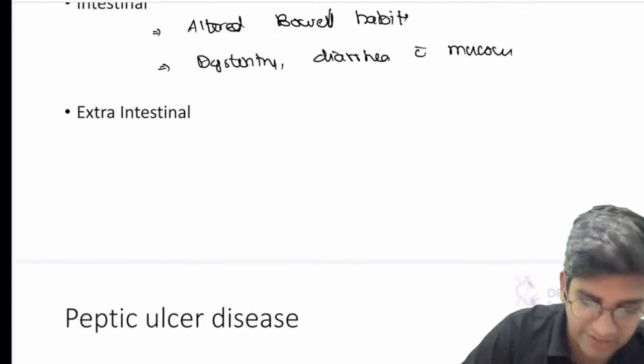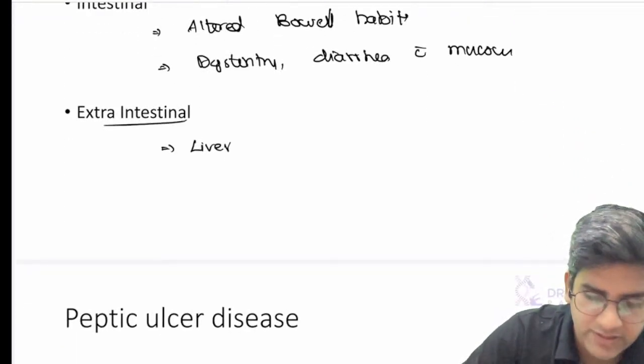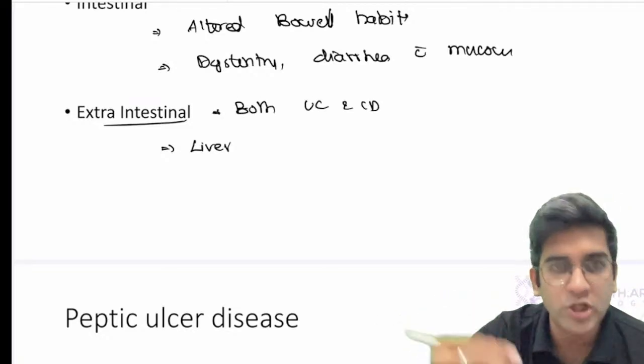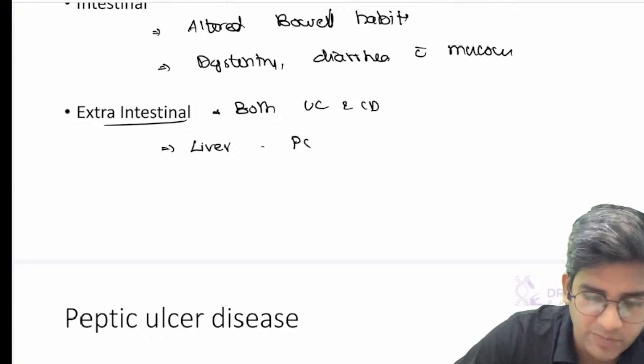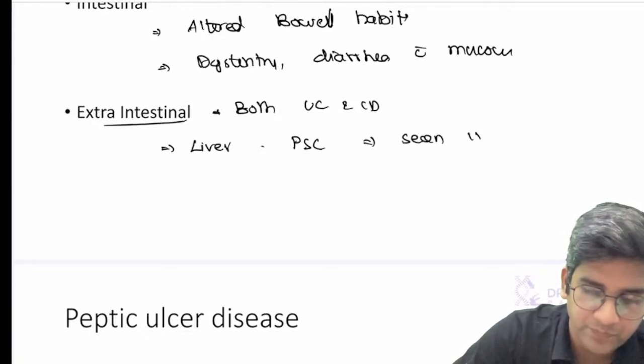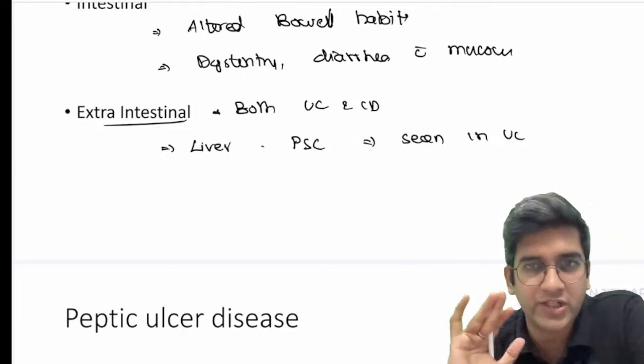So I do have extraintestinal manifestations. One of them is in the liver. Both ulcerative colitis and Crohn's can have it, but predominantly more in Crohn's. In the liver, we have something called primary sclerosing cholangitis seen in ulcerative colitis, mostly seen in men. It goes and destroys everything, right?